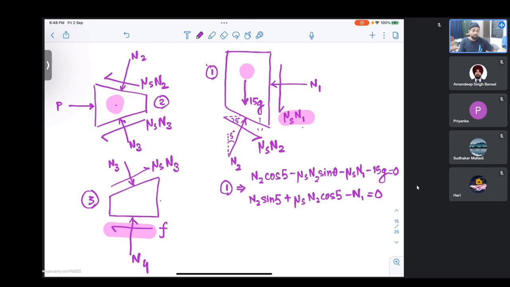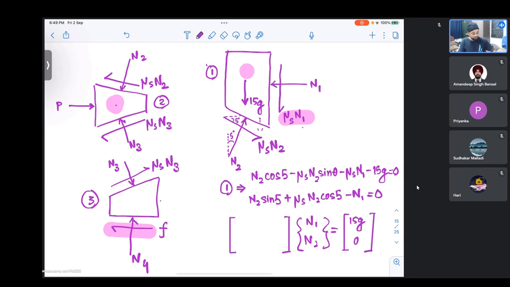So we have two equations and two unknowns. So this we can just cast as a matrix with N1, N2, and then we'll have this 15g here. The other one is 0.